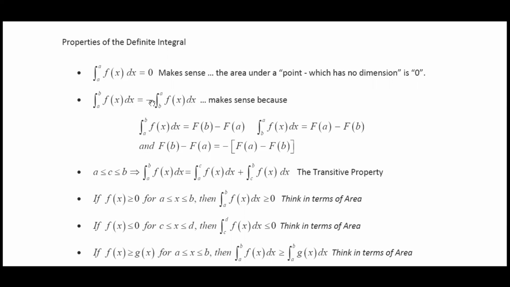That should make sense, because when we find the antiderivative, you put in B, you get an answer. You put in A, you get an answer, and you subtract. So we're subtracting f of B minus f of A versus f of A minus f of B. So it makes sense that they're negatives.